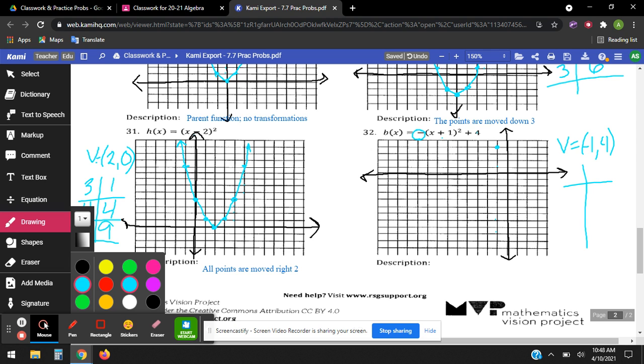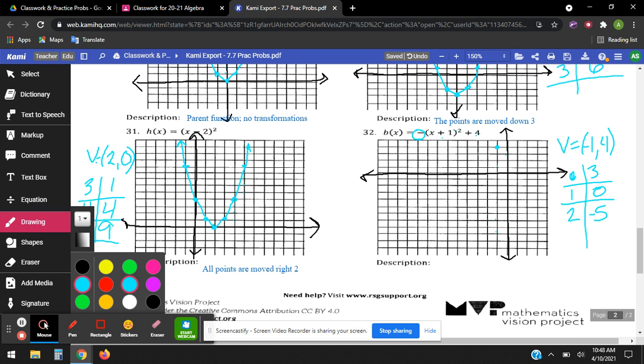Because if we go over to 0, 0 plus 1 is 1 squared. 1 squared, -1 plus 4 is 3. Make sure I'm doing my order of operations right. If I go to 1, then 1 plus 1 is 2. 2 squared is 4. -4 plus 4 is 0. 2 plus 1 is 3. 3 squared is 9. -9 plus 4 is -5.